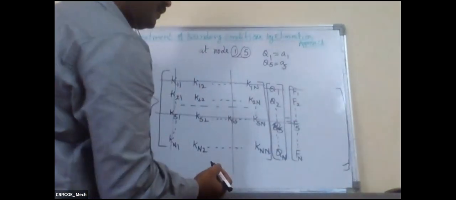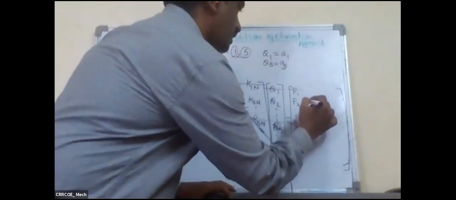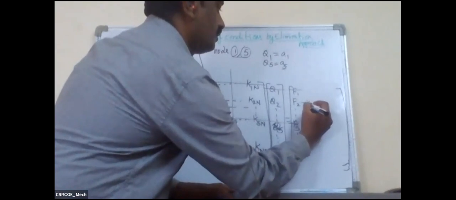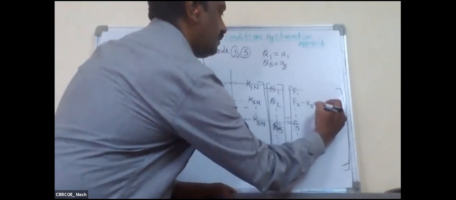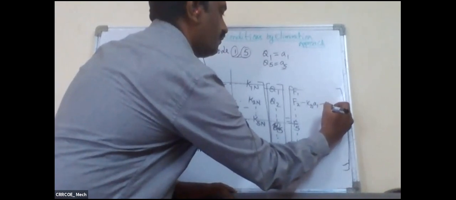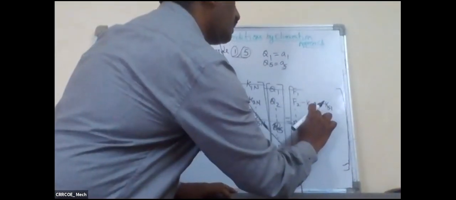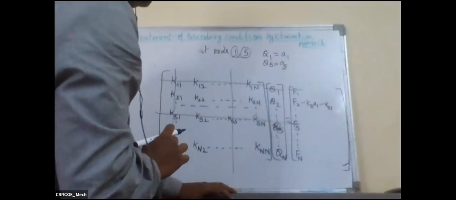After removing the rows and columns from the stiffness matrix, the elements modified in the load vector are, for F2, F2 minus K21 A1 minus K25 A5, where A1 and A5 are constants, so these are force values.